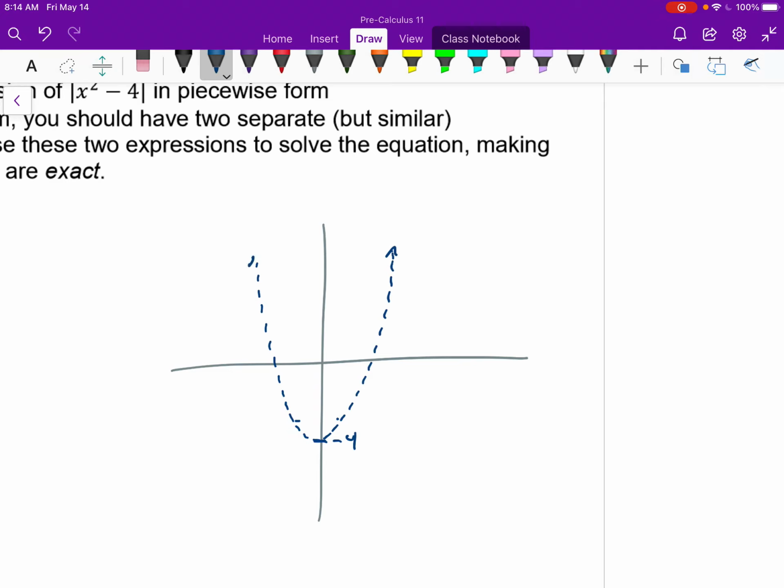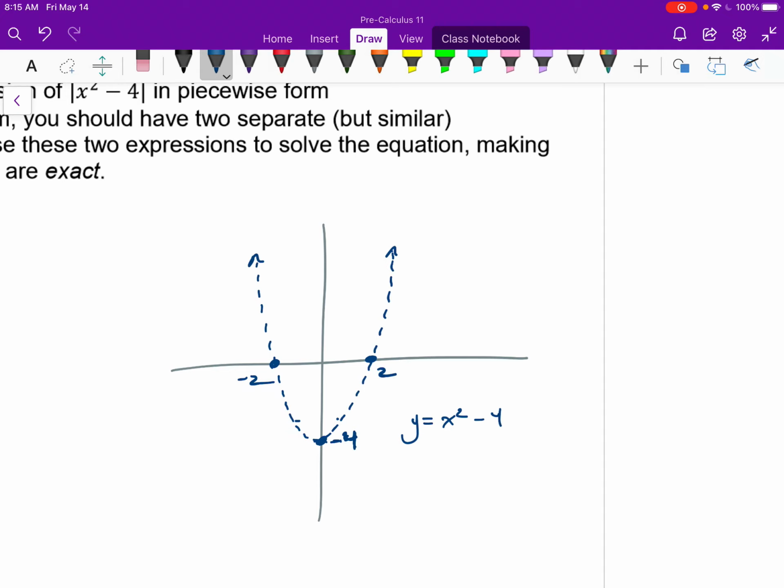Not only that, I know the x-intercepts would be exactly at negative 2 and 2, because there's no stretch on this graph. So I'd have a point 1 over and 1 up, and then 2 over and 4 up. Since this already is at negative 4, that leads me to my x-intercepts. And what you see here is my rough graph of x squared minus 4.